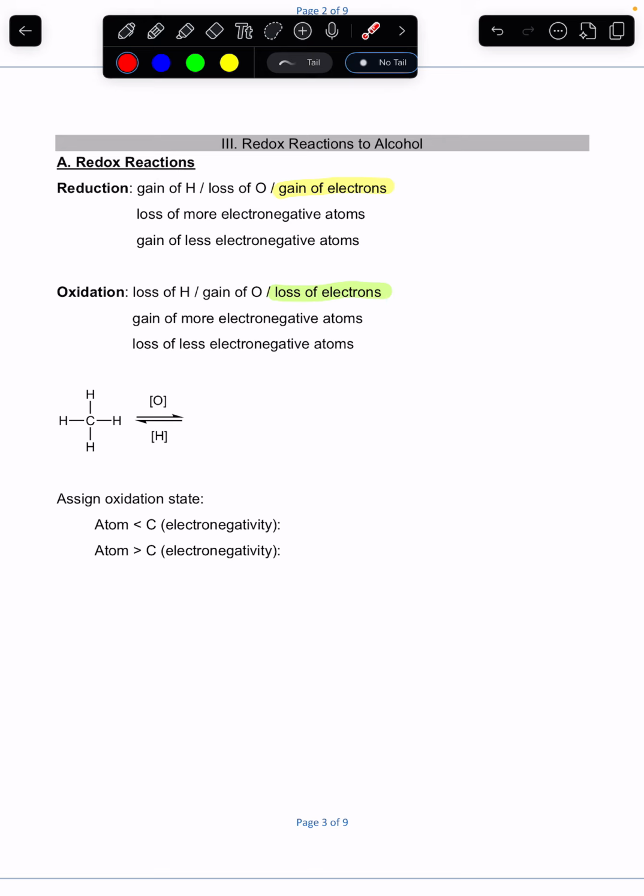Reduction is gain of electrons, and for that reason if you gain hydrogen, which is not very electronegative and is very willing to share electrons with you, it's almost as though you gained electrons. It's a similar idea with loss of oxygen. Oxygen is very electronegative, so when you have an electronegative atom attached to you, it's as though you're losing electron density to the oxygen.